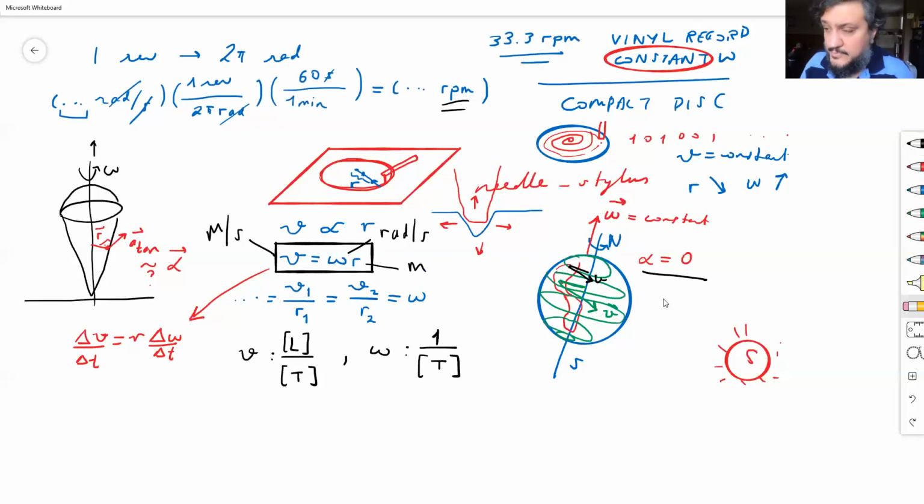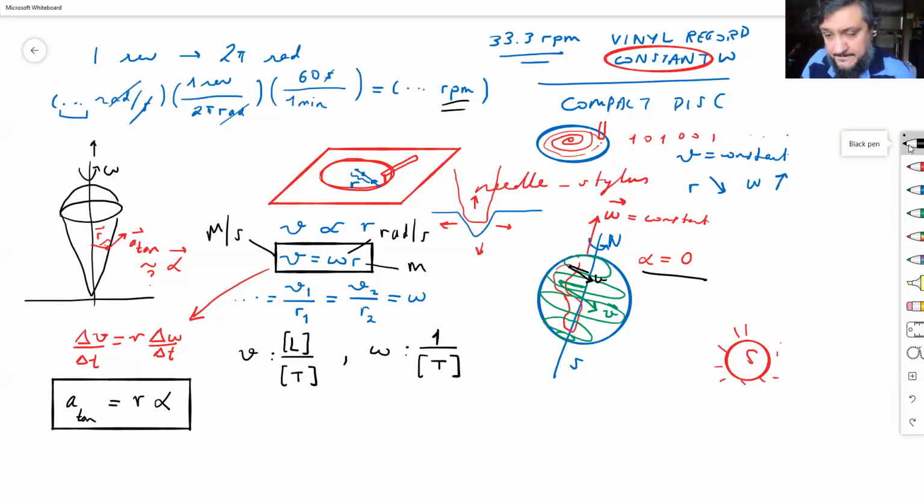Alpha, the angular acceleration, will be multiplied by r to get the linear or tangential acceleration. Greater the distance from the rotation axis, greater the tangential acceleration. So these two formulas are really symmetrical, these two.